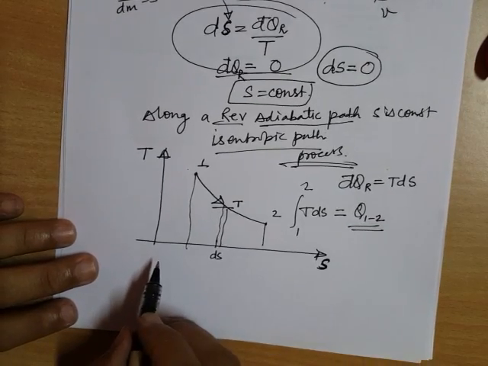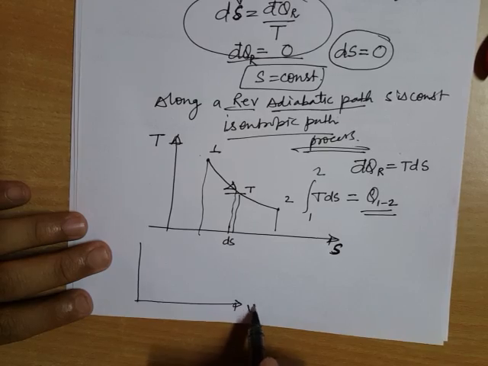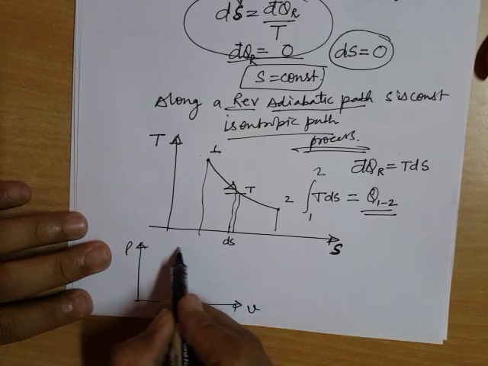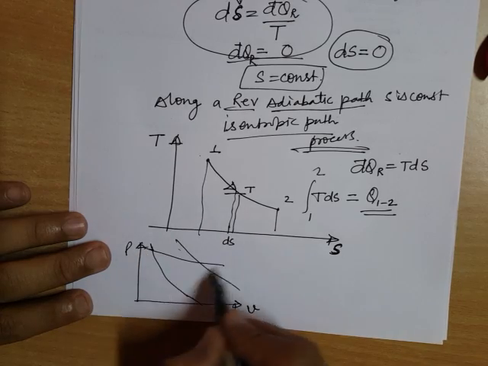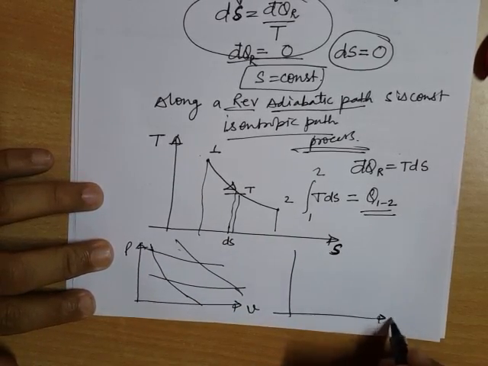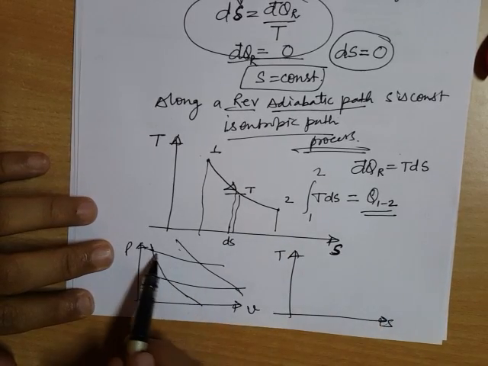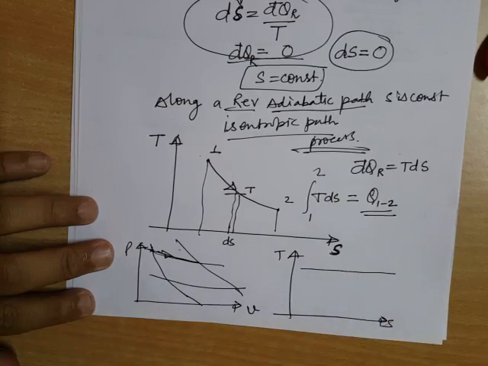So if you consider a Carnot cycle, two adiabatic, two isothermal processes. So in TS plot, this is what? This is an isothermal process, that is a constant temperature line.